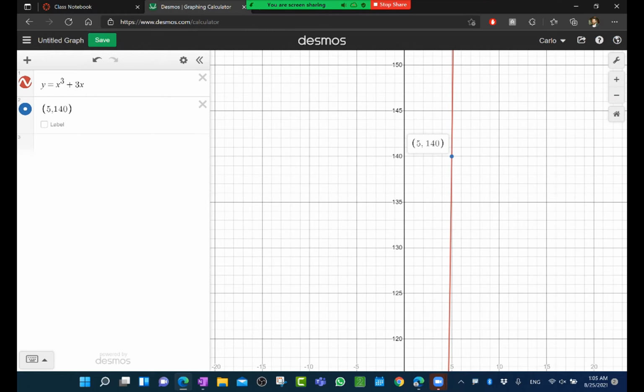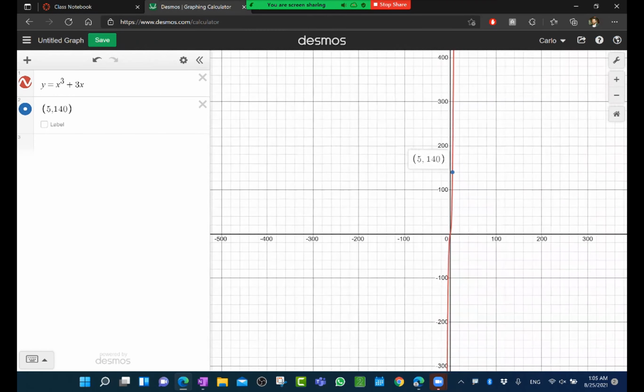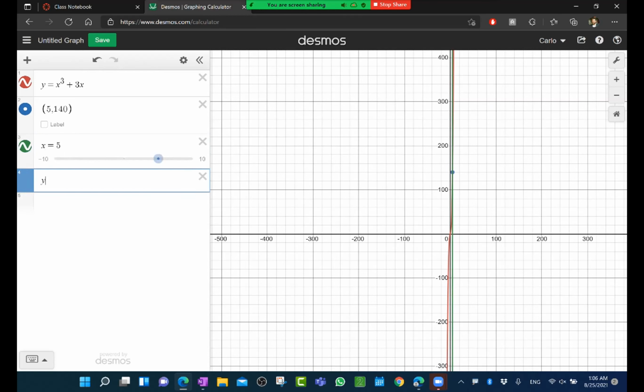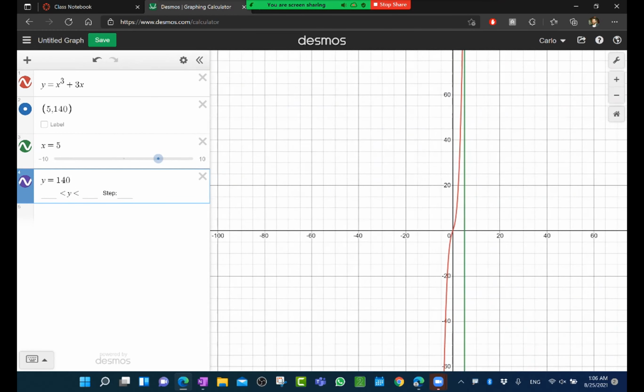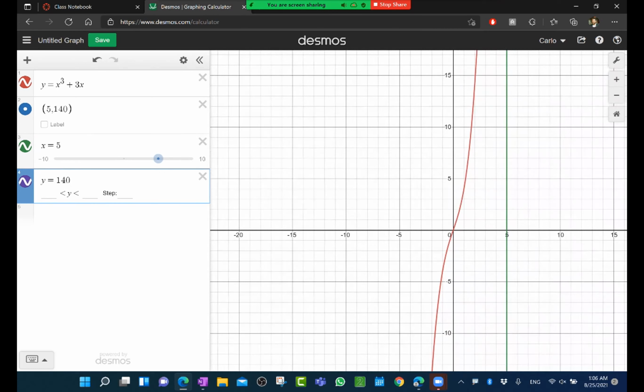And if you were to go vertically all the way down, it's hard to see, right? But I can show you x equals 5, y equals 140, and you'll see what I mean. The domain value passes right through the x-axis at 5.